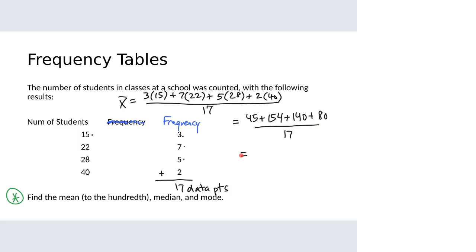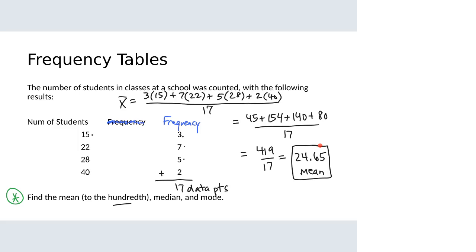Then we need to add those. 45 plus 154 plus 140 plus 80 is 419 divided by 17. We'll divide that, and we're told to round to the nearest hundredth, so we'll go ahead and do that here, and it'll be 24.65. That will be our mean. Let me know if you have any questions about anything that just happened there.